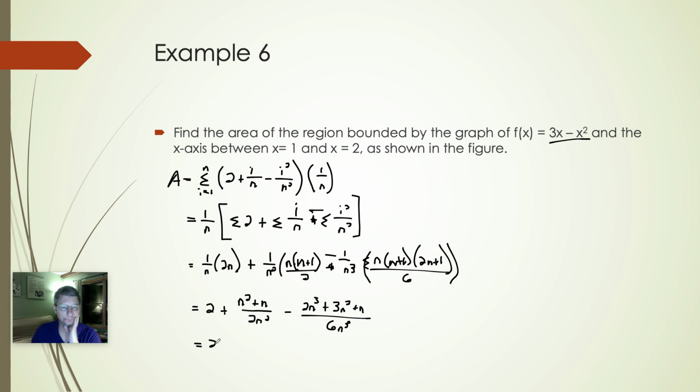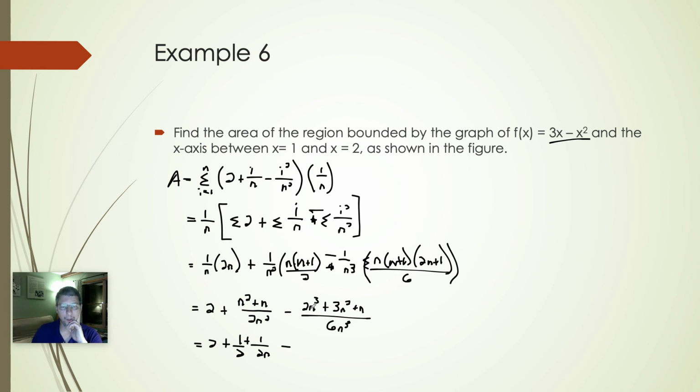Let's make this even simpler. This is still 2. If I divide both sides here by n squared, I'm going to end up with 1 over 2, plus 1 over 2n.